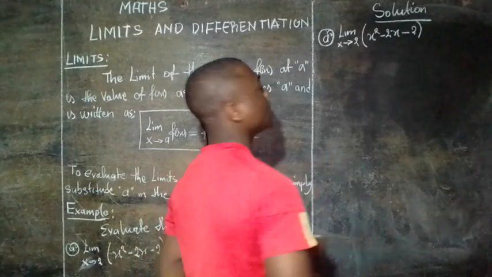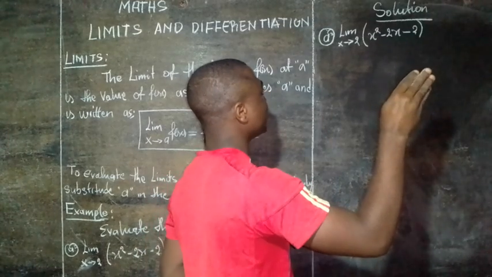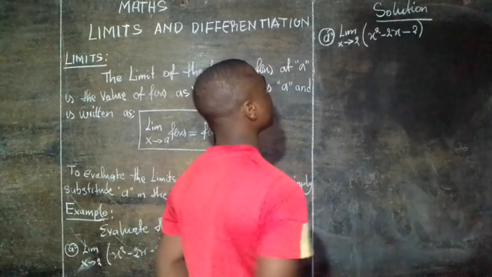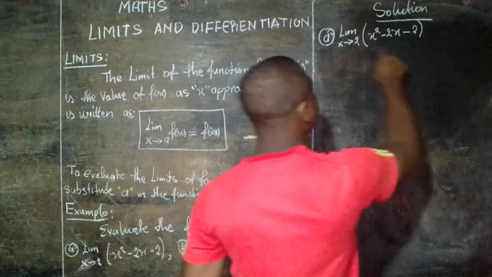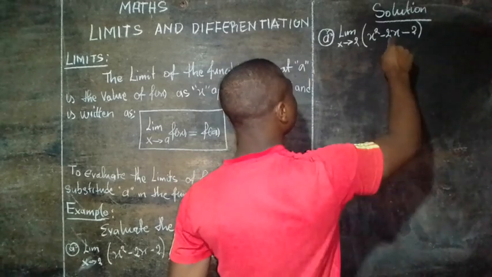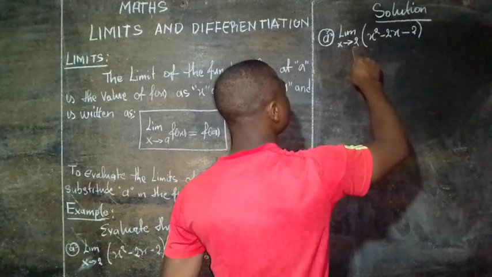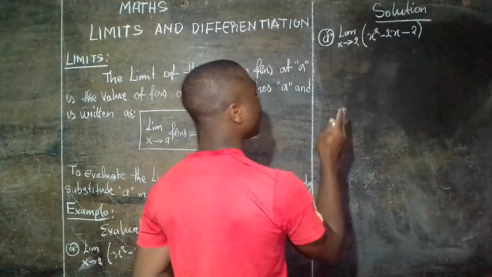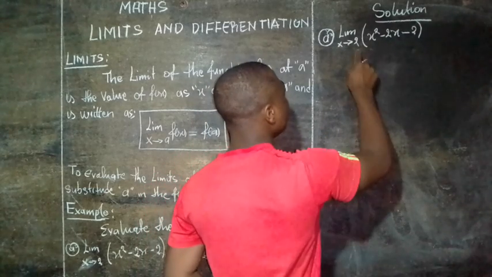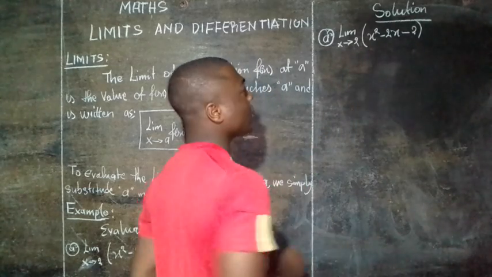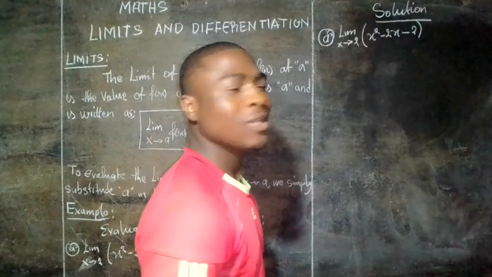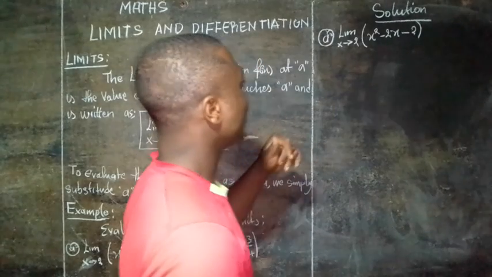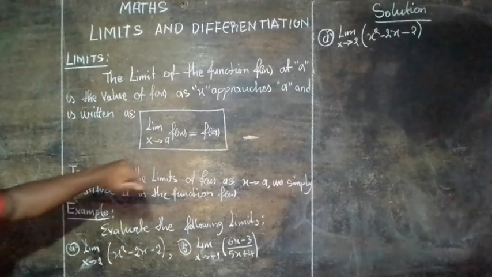What do we do here? Think of the principle you have learned. The principle says, if a function is given as f of x, wherever in the function f of x we have x, we substitute it by 2. That is what it means. Watching out our function and the limit, in our function, what is a?